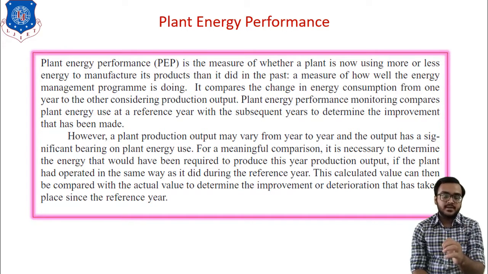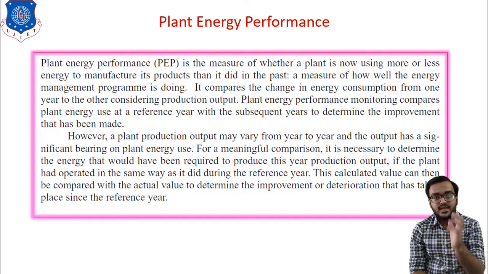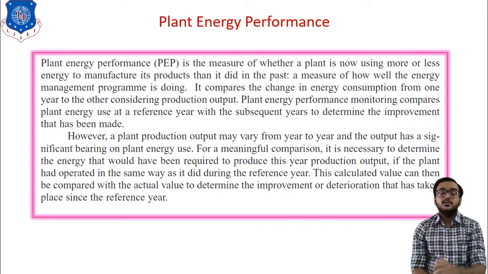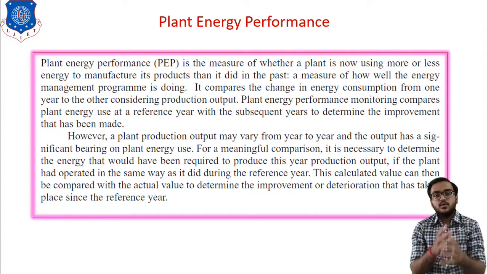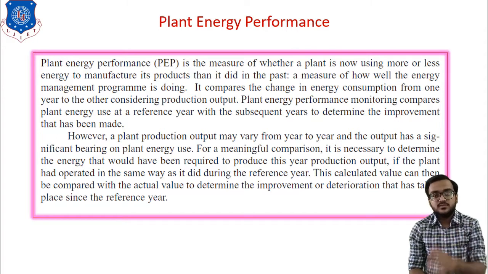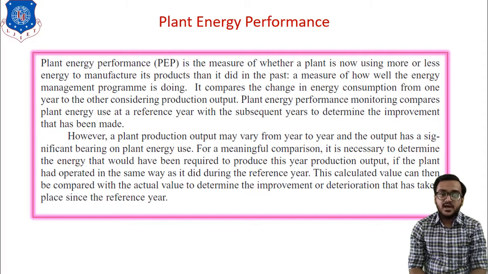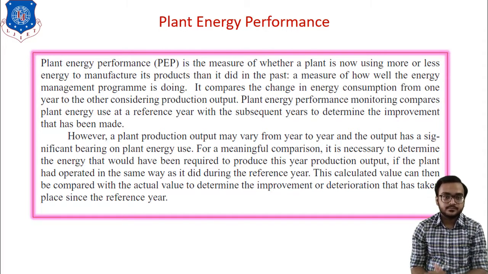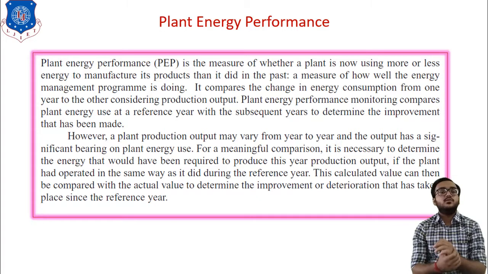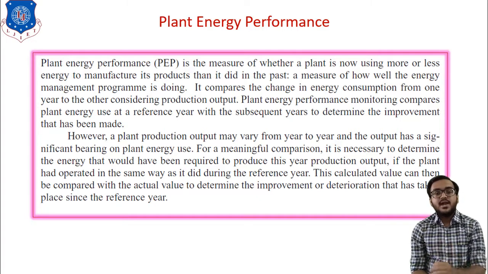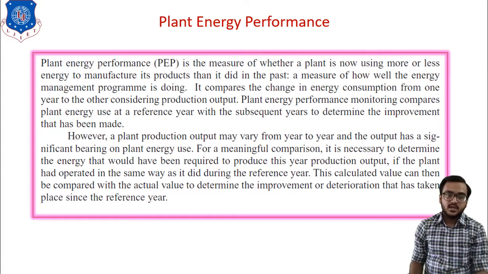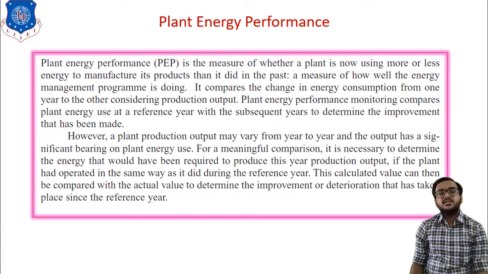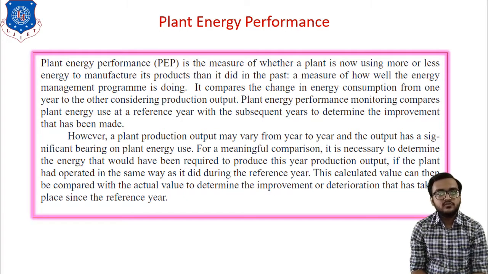Ultimately, it compares the energy consumption for the production of the existing product with that of the product that we have already produced in past years. So based on this, we will get a clear idea whether we are running out of efficiency or within the energy efficiency. For that we need to identify the plant energy performance, and for that we are utilizing one factor called the production factor.